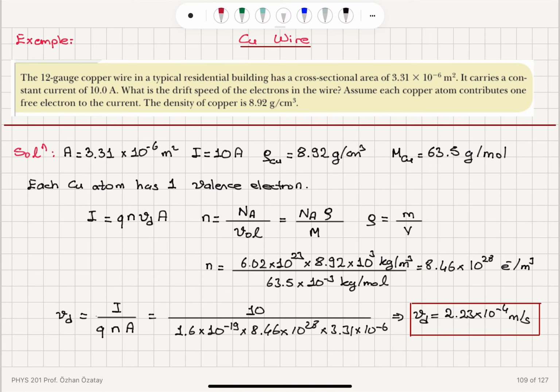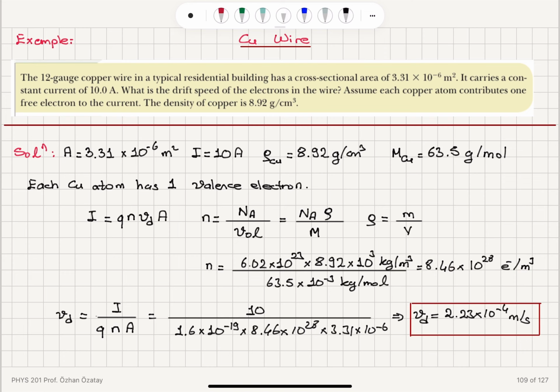So if I plug in the numbers here, Avogadro's number is 6.02 times 10 to 23. Density is 8.92 times 10 to 3 kilograms per meter cube. I have to do a unit conversion here. Divided by the molecular mass, 63.5 times 10 to minus 3 kilograms per mole. And this gives me 8.46 times 10 to 28 electrons per meter cube.